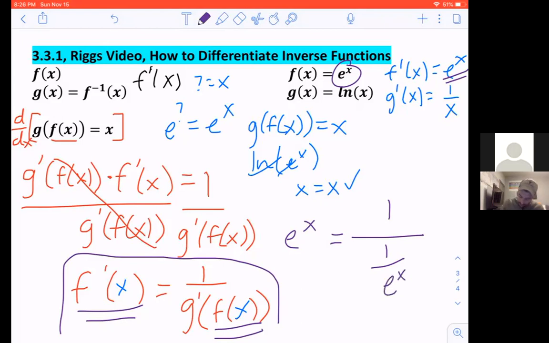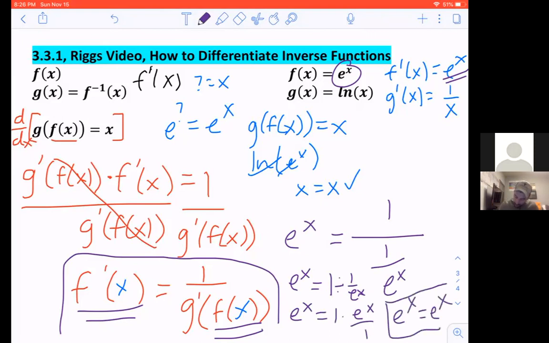So let me do a little bit of simplifying, a reminder of some math language. This is 1 divided by 1 over e to the x, and that's going to be 1 times, dividing is the same as multiplying by the reciprocal, so it's just 1 times e to the x divided by 1. So it really does evaluate exactly to the derivatives that we know are true.